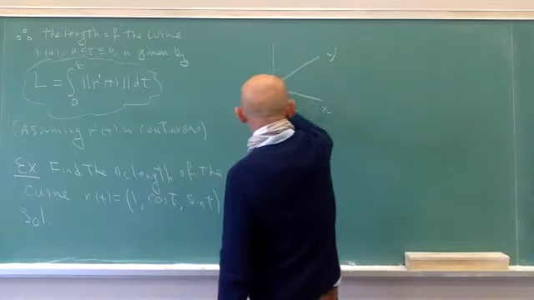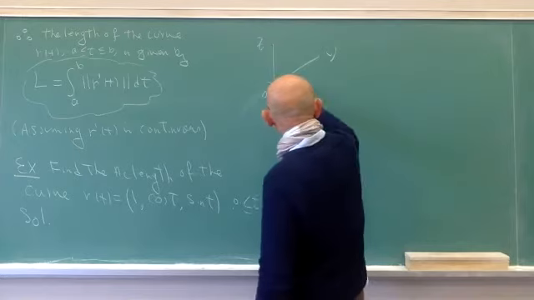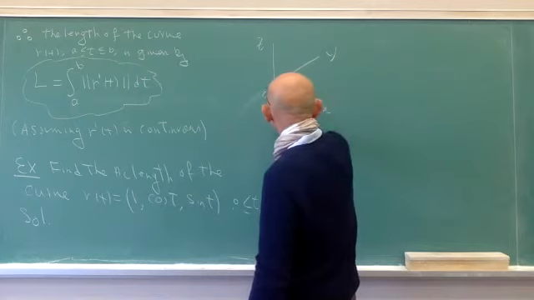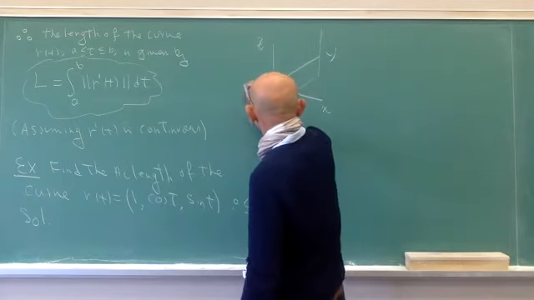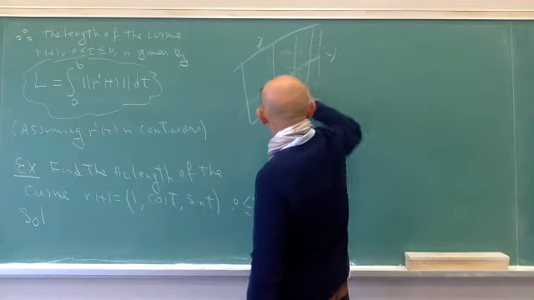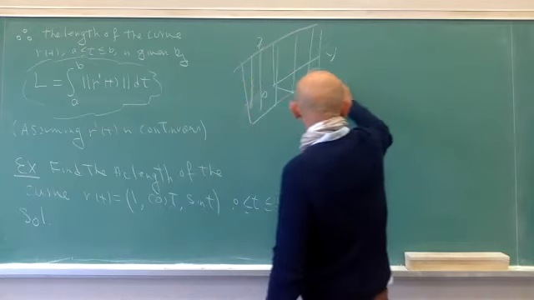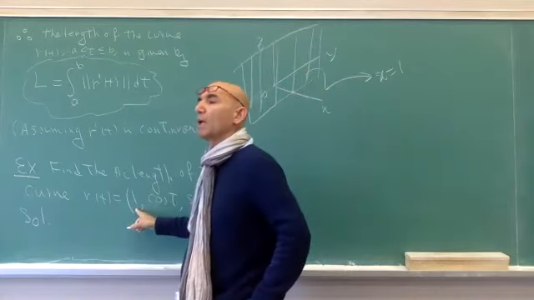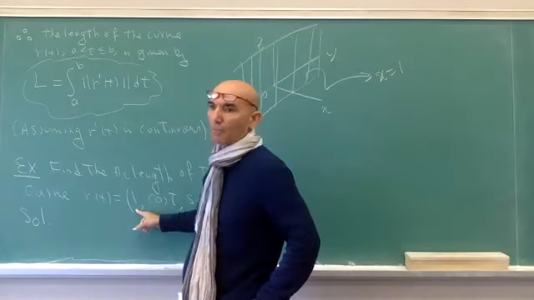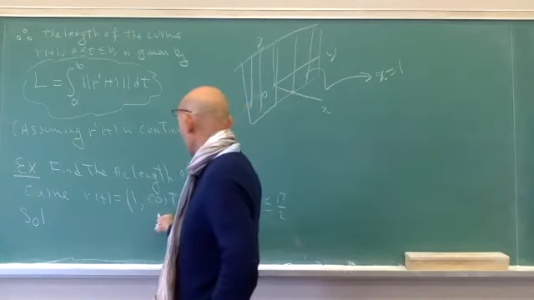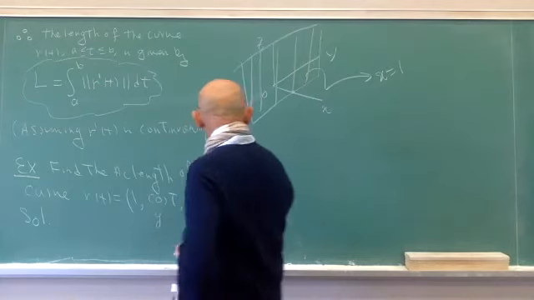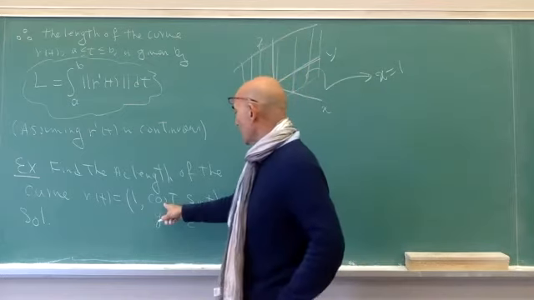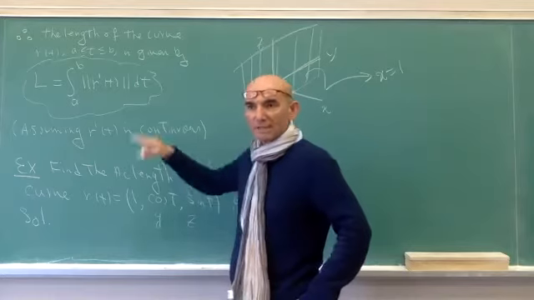It means that in x, y, z space, x equal to 1 is a plane. This whole thing is the plane x equal to 1. And certainly my curve has to be on that plane because the first coordinate is always 1. But now the second coordinate, which is y, and this one is z, is cosine t, sine t. Of course, that's part of the circle, right?